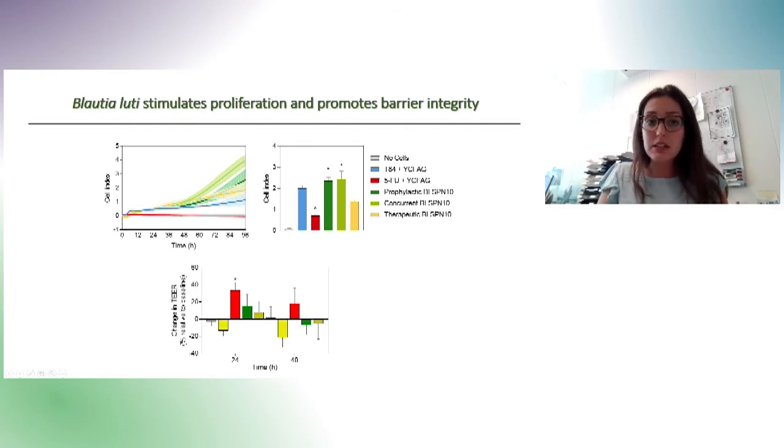And regarding the cell proliferation, you can see here that when different concentrations of the bacteria are added, we had more cell proliferation when compared to the controls. And also here, in terms of the TER, so the barrier integrity, we also see that a higher concentration of Blautia can lead to an increased barrier integrity when compared to the other conditions.